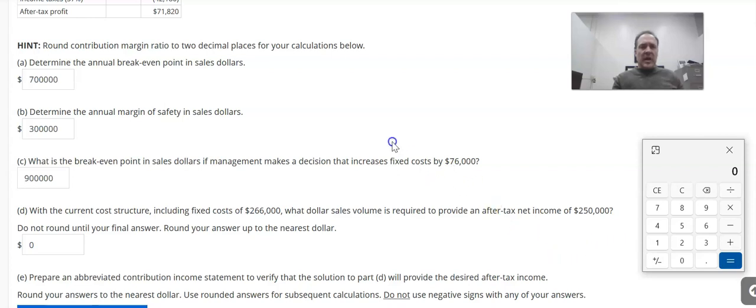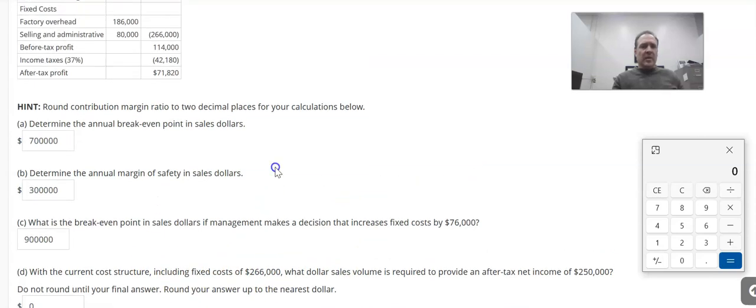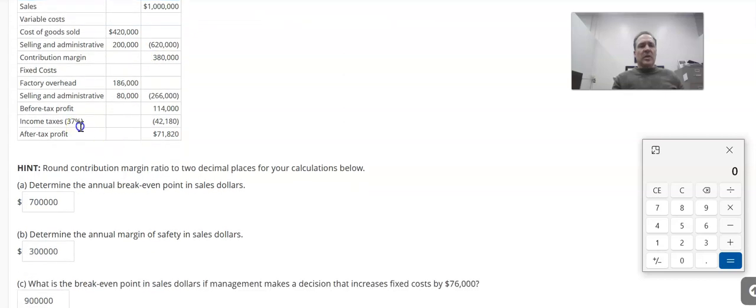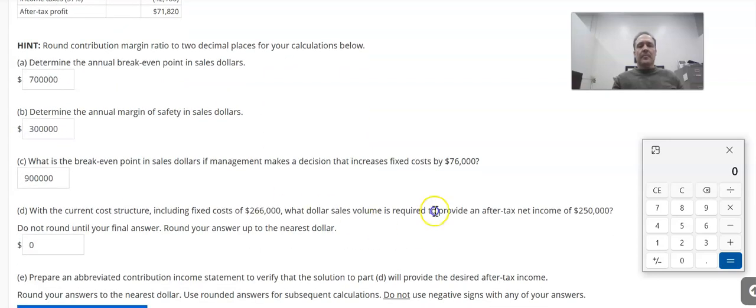They're talking about taxes. And in part D here, they don't have any information about that. But if you'll notice right up here in our contribution income statement, we have income taxes of 37%. So kind of high. So we're going to plot this $250,000. Okay.